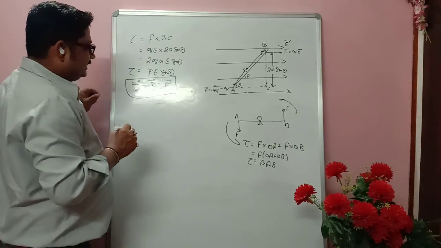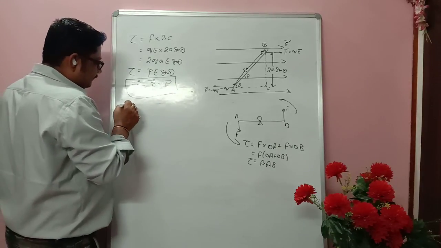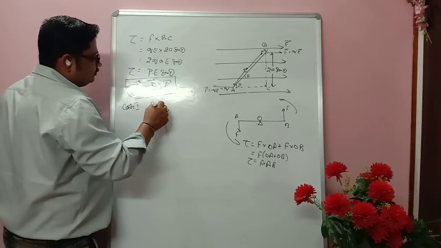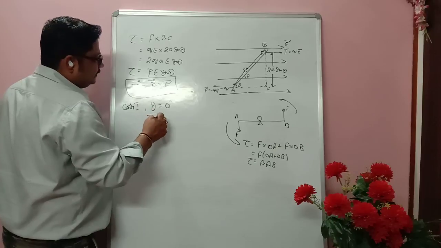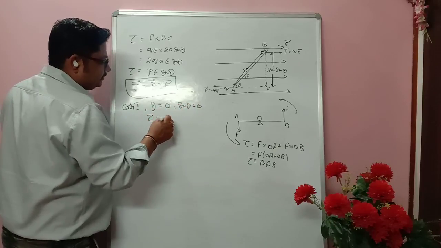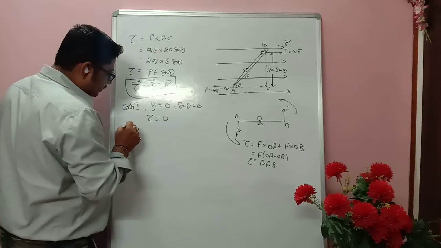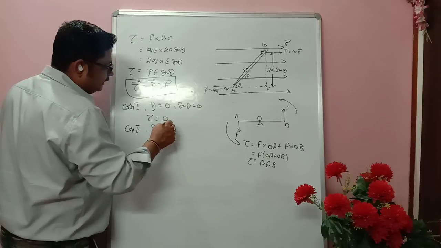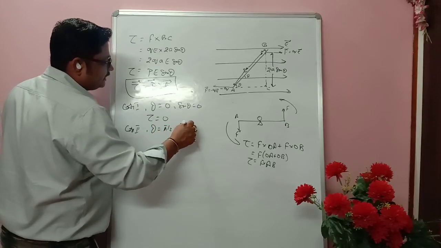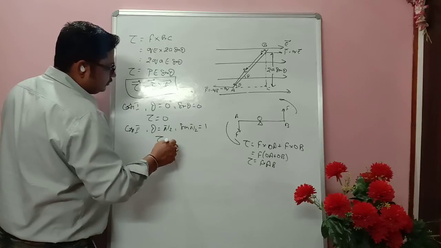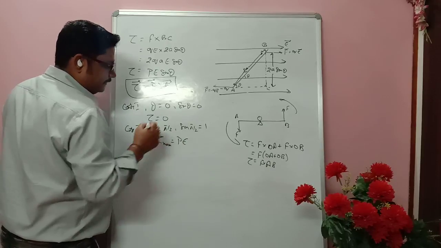Now let us take the cases. In case first, at theta equal to 0, sin theta will be 0 and the torque will be 0. In case second, at theta equal to 90 degrees, sin pi by 2 will be 1, so maximum torque will act here, which is pE.